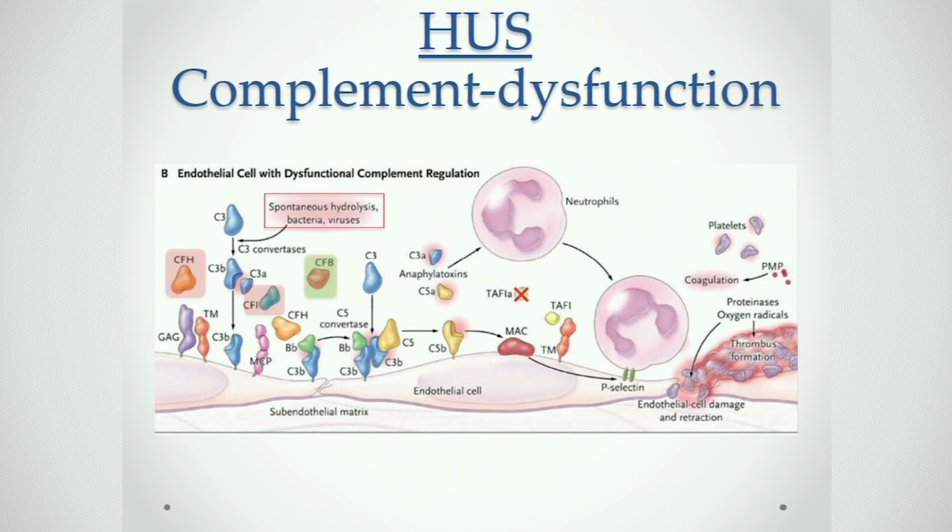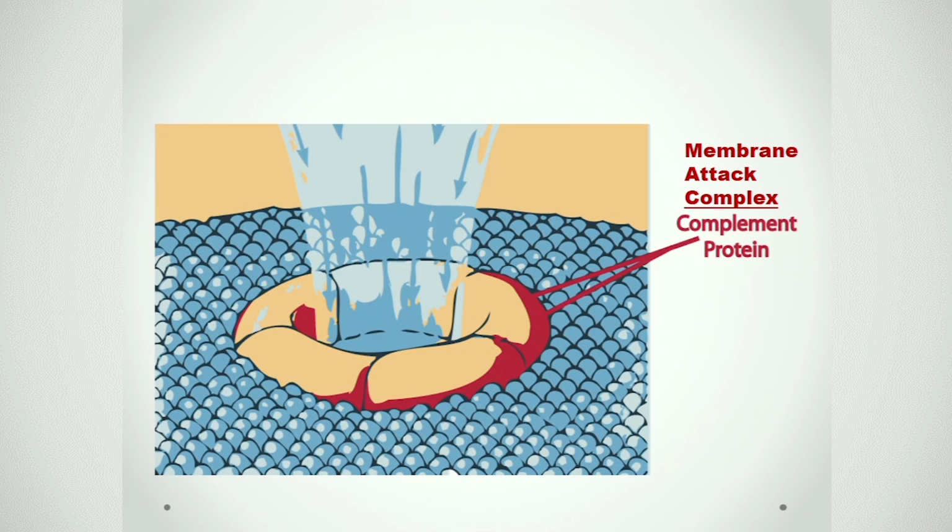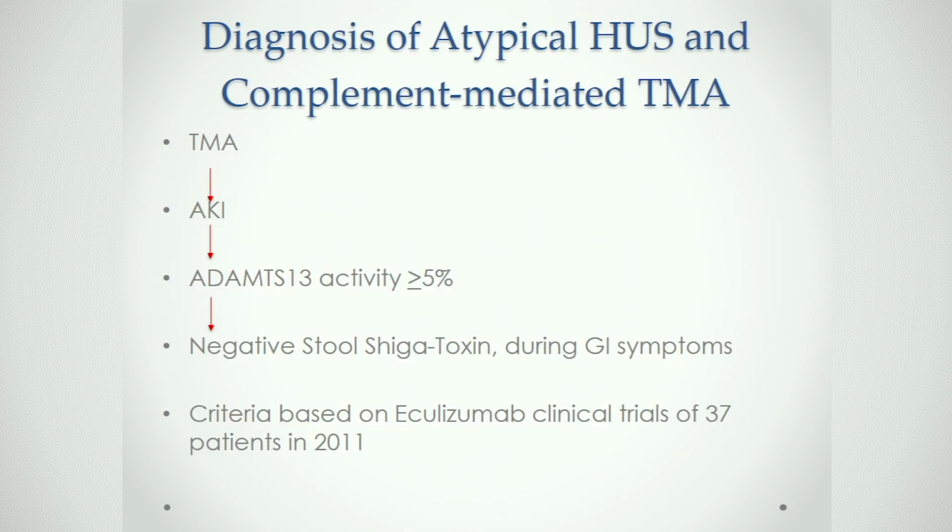And that leads to all of the downstream effects, including injury to the endothelial cells in this example, thrombus formation, and over time scarring. And this is an example where it doesn't matter necessarily whether it's endothelial cells, mesangial cells, or epithelial cells. A variety of areas of the kidney are going to be injured by the MAC complex creating those holes within the cell, and hence all of those cells are going to die, and enough will not be able to recover.